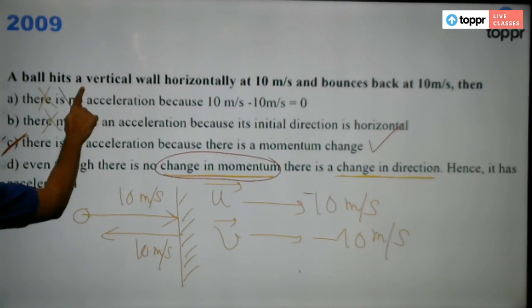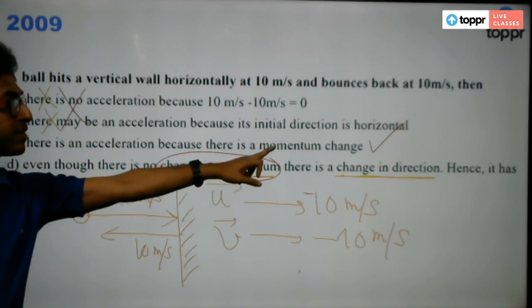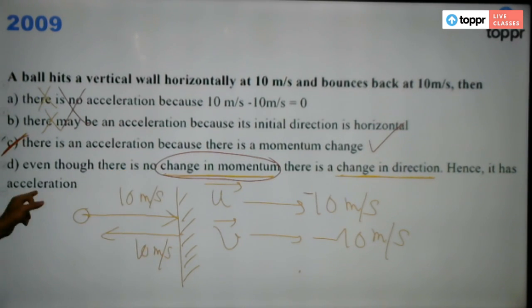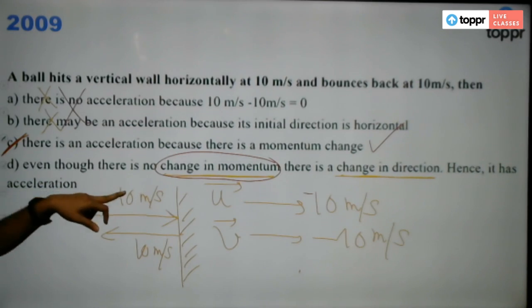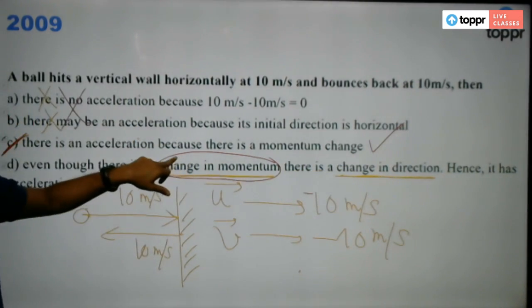These two are completely wrong. But people get confused between this C and D because they think even though there is no change in momentum, there is a change in direction, hence it has acceleration. See, where students fail to clearly understand. The answer, hence it has acceleration, is right. Change in direction is also right, but the actual reasoning is not right.